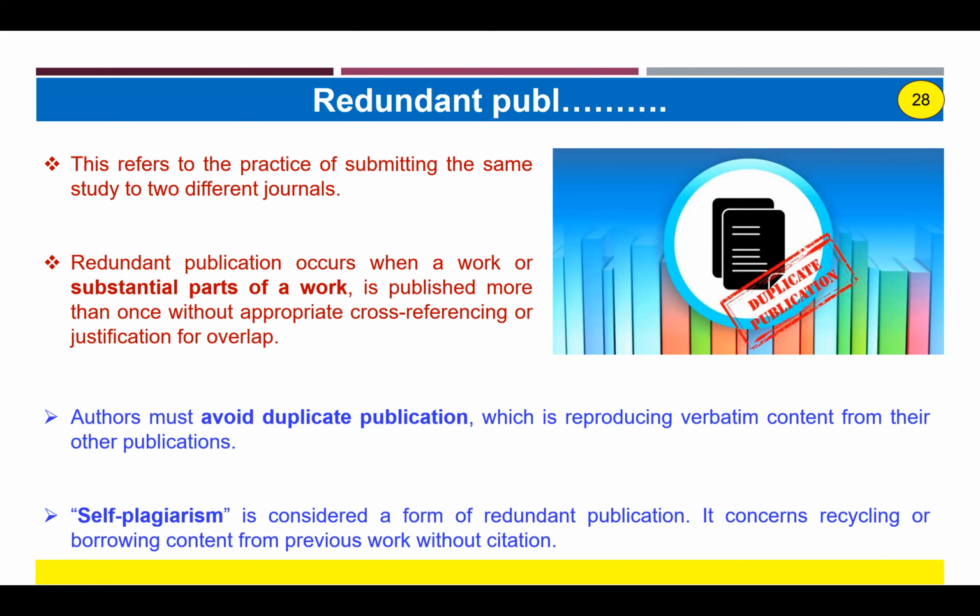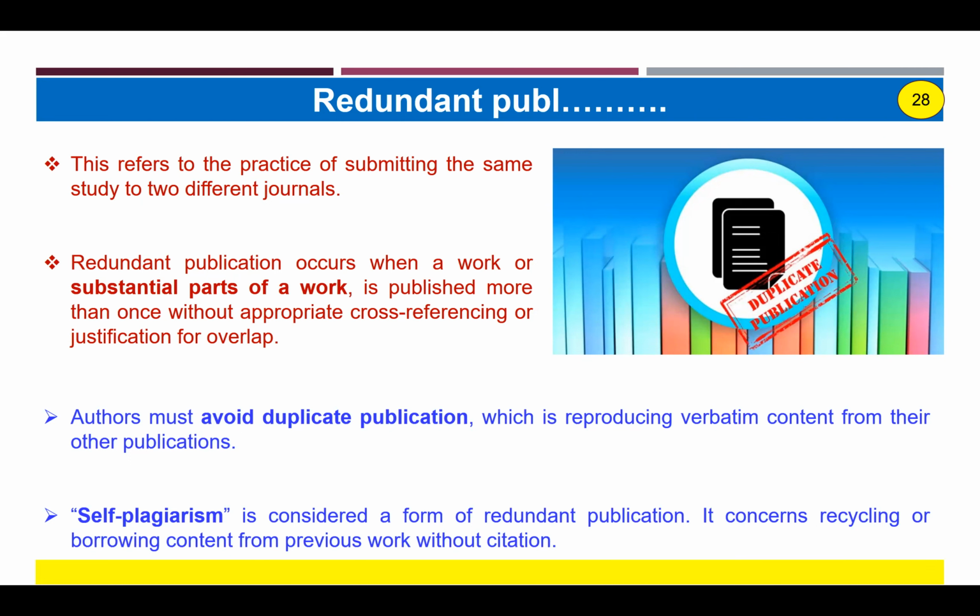Redundant publication occurs when a substantial part of work is published more than once without appropriate cross referencing or justification for the overlap. Sometimes, when you are finding your work, you see there is a lot of scope to explore in different publications.